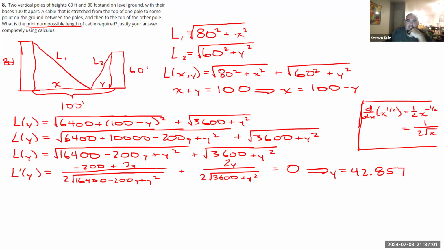We should also find the x value that goes with it. So x is equal to 100 minus y. So x is equal to, let's get as close as I can, 57.143.